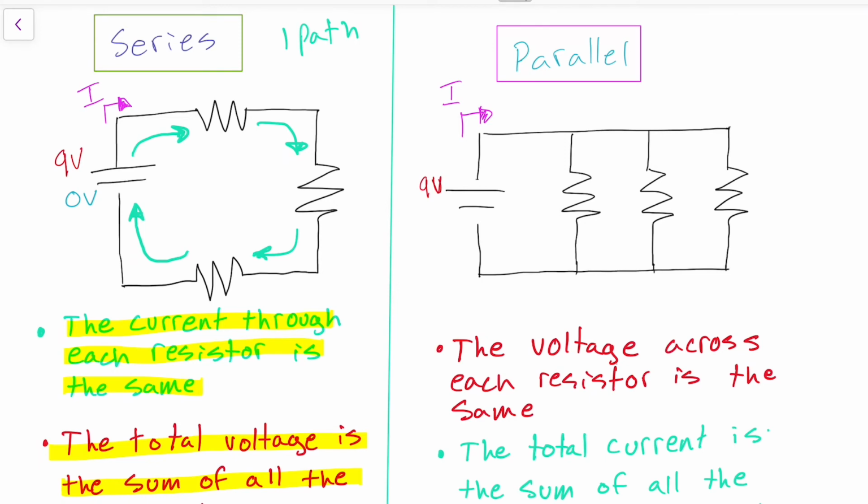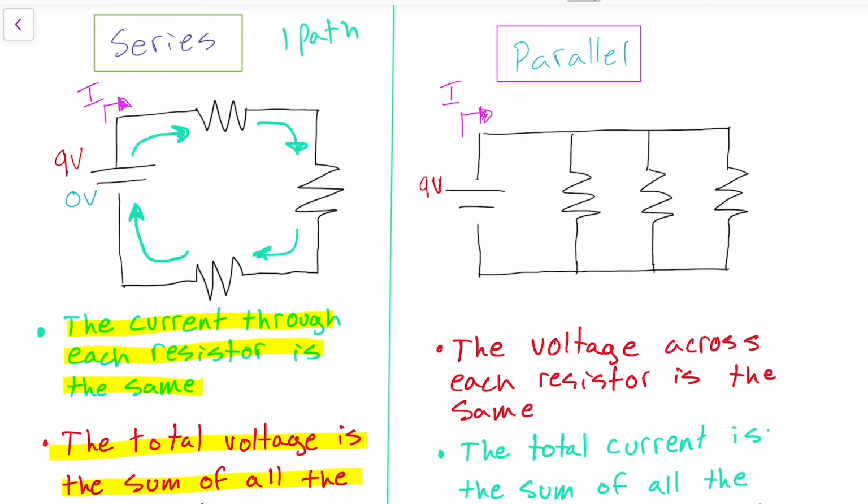It could be $1 at this toll booth, $3 at the next one, and then $5 at the last toll booth. That's all going to be dependent on the resistance of that resistor. But we have to use that entire 9 volts. So our voltage drop is how much money we spend at that toll booth, or how many volts we spend at a resistor. So the total voltage is the sum of all the voltage drops across the resistors.